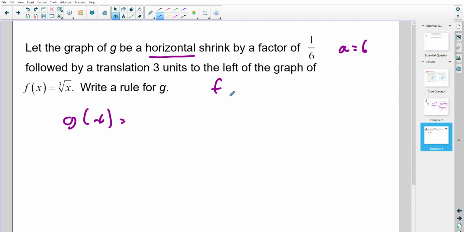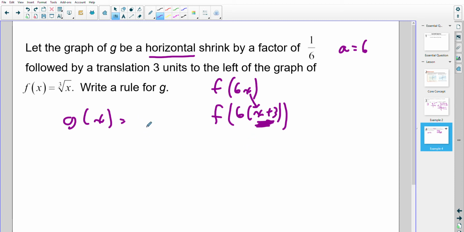I could say f of, let's see, 6 times x is going to be the horizontal shrink. And then I could also say, well, it's going to be a substitution for x plus 3. Now be really careful about that because it's in parentheses here. You're substituting that x plus 3 in for x.